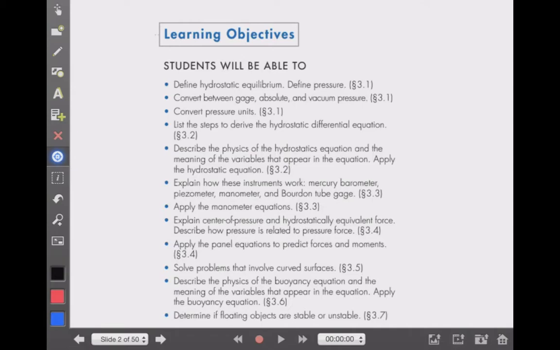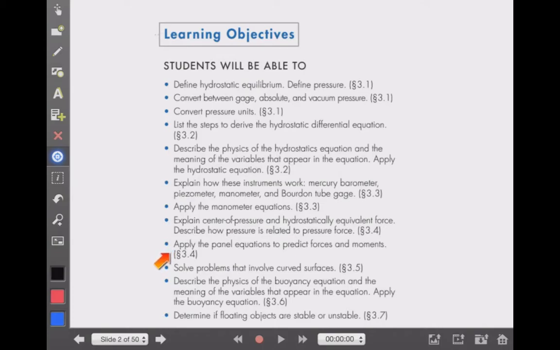fluid measurements. Then it gets pretty tough when we start to talk about center of pressure and the hydrostatically equivalent forces. This allows us to start applying the forces on panels. An example, and we'll come up with a set of panel equations to predict forces and moments.